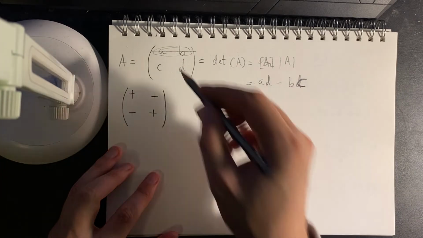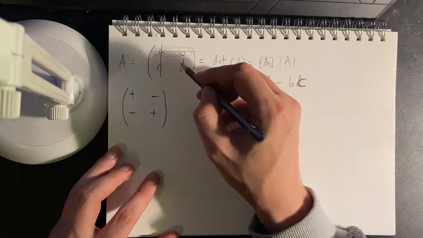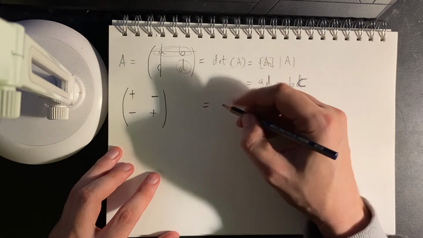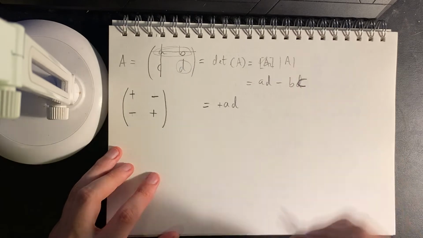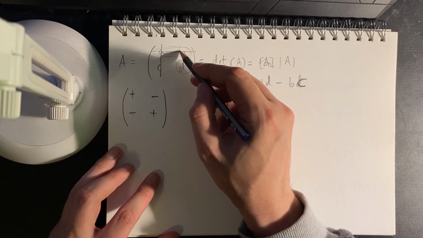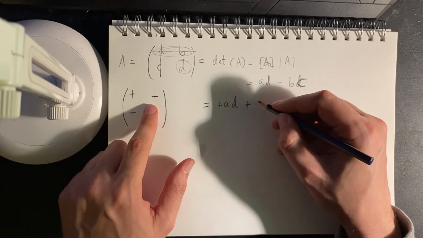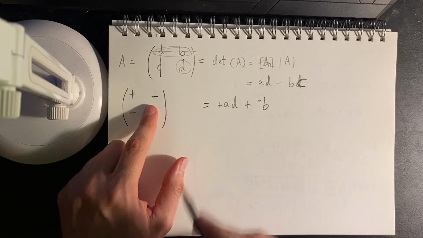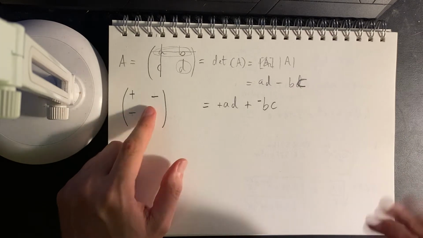So the first thing I see is A. So I strike out the row and column of A, and that gives me D. So I have positive A times D, and then I take the next element in the row, which is B, but there's a negative in that position on the mask. So we apply that, negative B, strike out the row and column, we're left with C. And that's how it works.